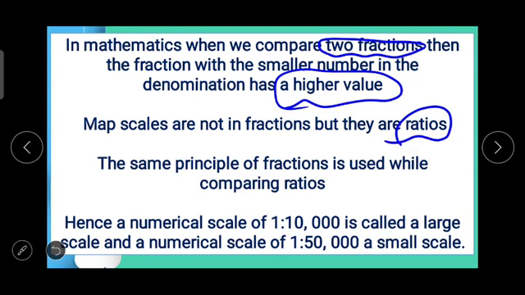So the same principle of fractions is used while comparing ratios, and hence a numerical scale of 1:10,000 is called a large scale, and a numerical scale of 1:50,000 a small scale.